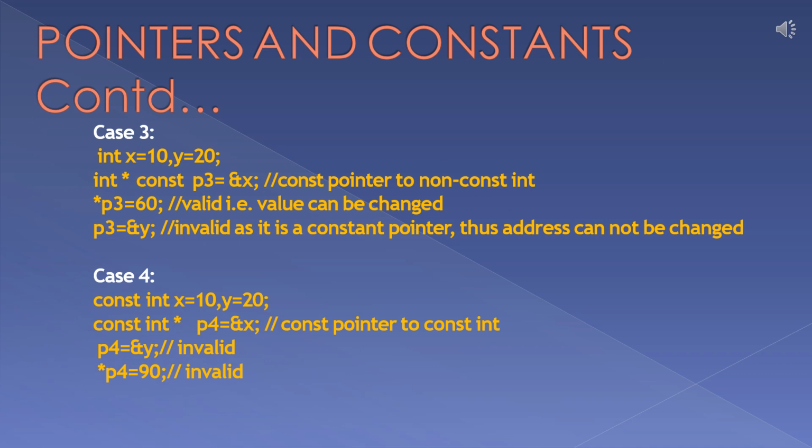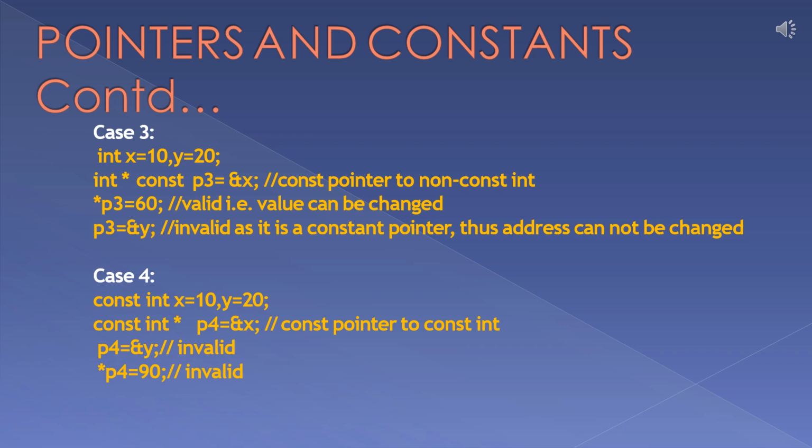See case 3, you have X and Y as usual variables and P3 is a pointer that is constant. If you have a constant pointer, once you assign P3 to point to X, you cannot change the address inside P3. That is, if you try to assign P3 to Y, it will show an invalid statement.